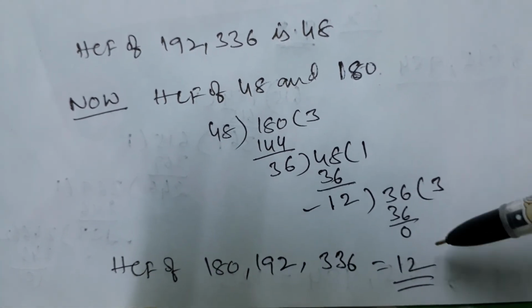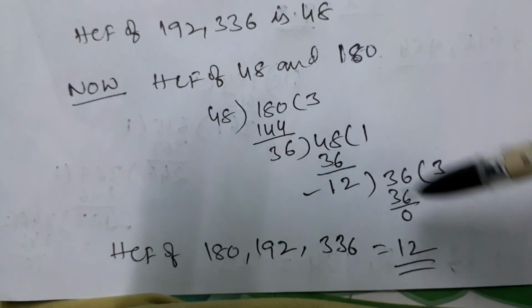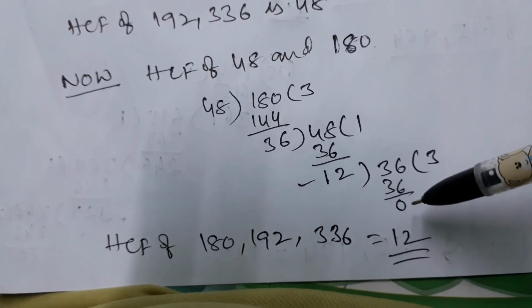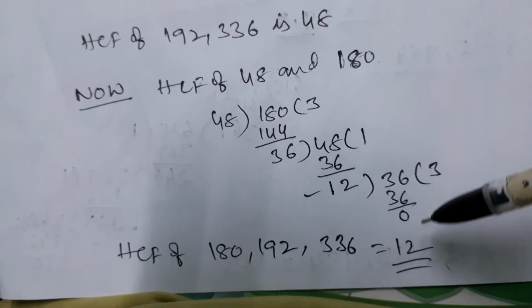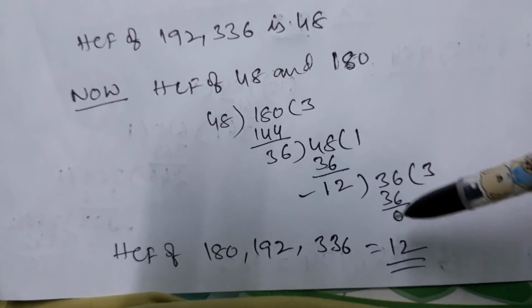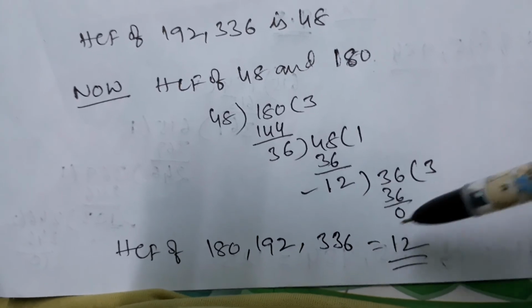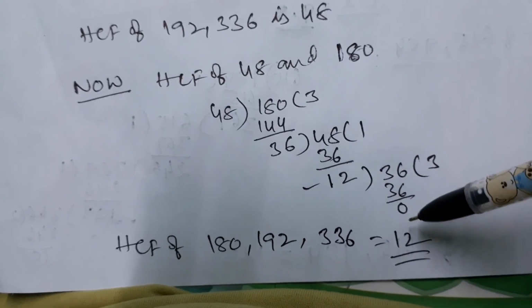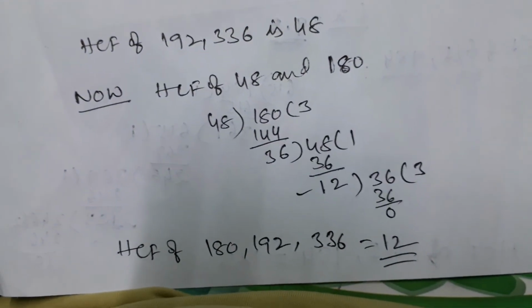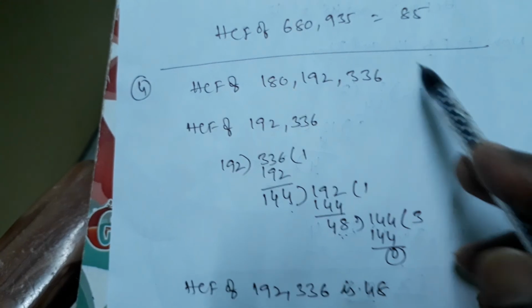Again you get a remainder, and the final remainder is 0. 12 threes are 36. Once the final remainder is 0, at that situation the divisor is the HCF. Now you got the answer, the HCF of the given three numbers.